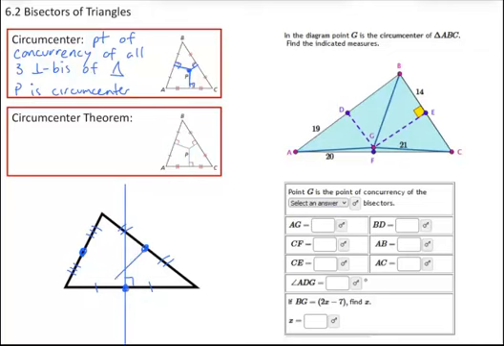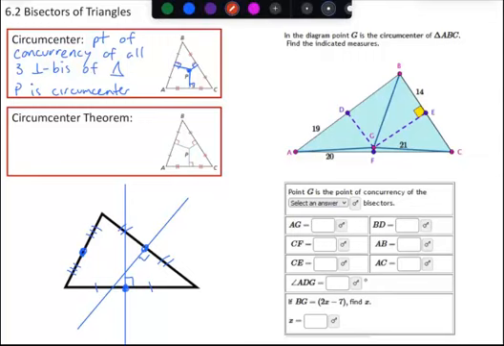If we do the same thing here, perpendicular, and then we do one more. Now, do we need the third one to find where this point of intersection is? Or do we already know? If all 3 of these lines are going to intersect at that point of concurrency, will 2 of them? Yeah, so you don't even really need that third one. We know that right now, the point of concurrency for this is this point right here.